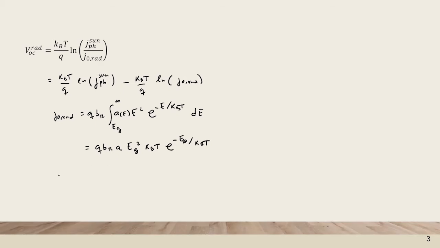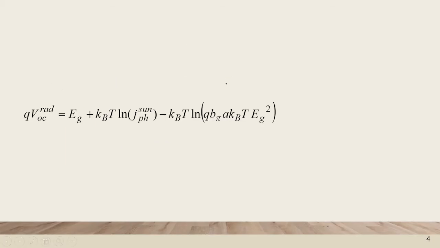So based on this approximation, the ln of J0 radiative is minus the gap energy and another term that contains the other factors. And introducing in the initial equation, we can write an expression of the radiative voltage in terms of explicit quantities.